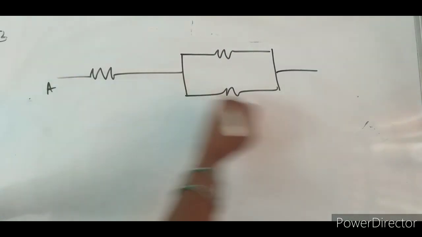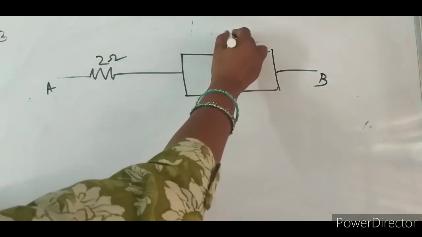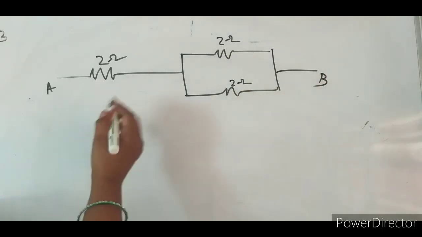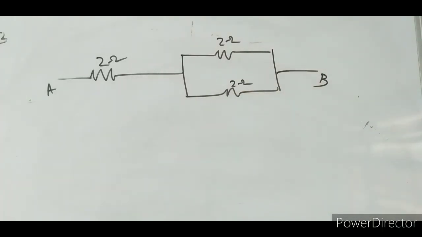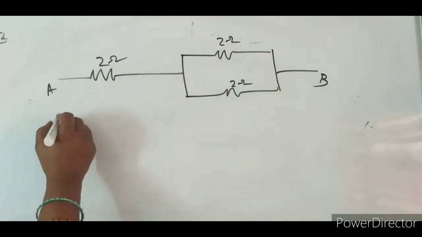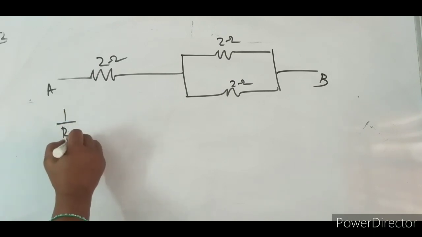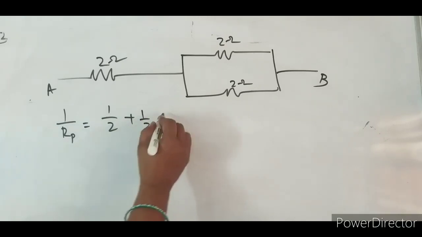Let it be A, let it be B. This is 2 ohm, this is 2 ohm, this is 2 ohm. So let us find out the effective resistance across A and B. First of all, a parallel connection is there. That is why 1 by Rp equal to 1 by 2 plus 1 by 2.